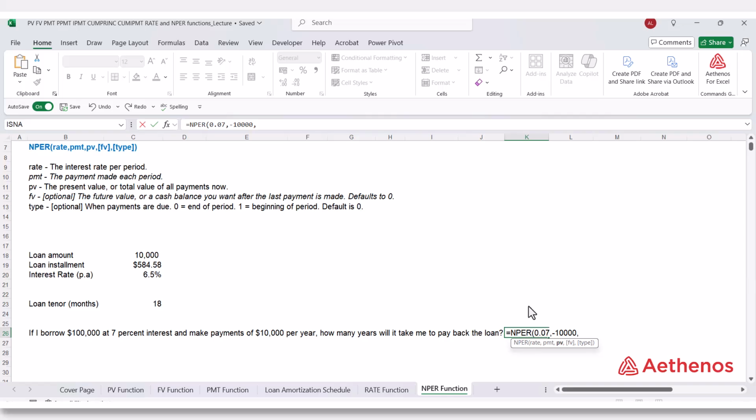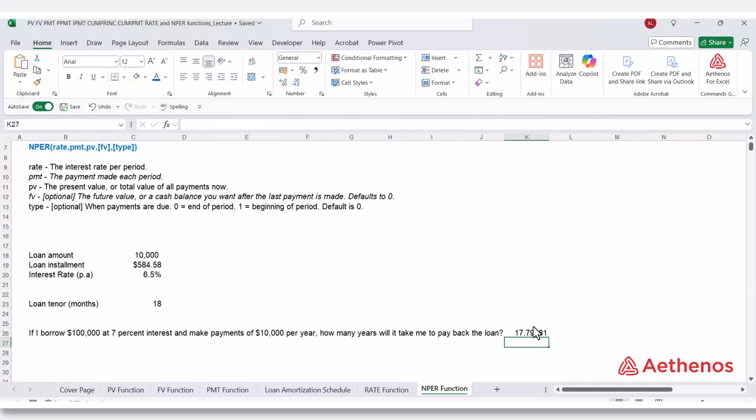Then the present value is the loan amount, 100,000, and future value is 0. It's end of the period, so 0. And I can press enter. I find it will take about 17.79 years, or roughly 18. It will take me 18 years to pay this loan off.